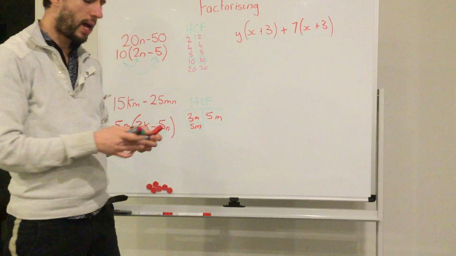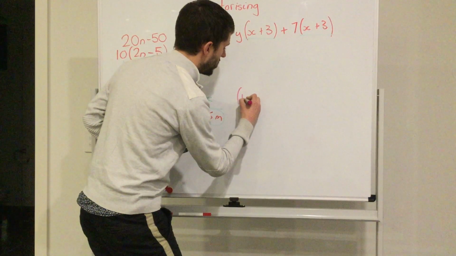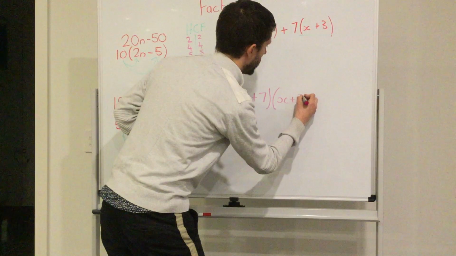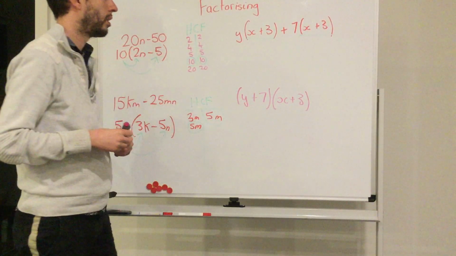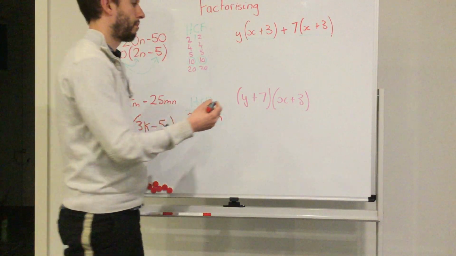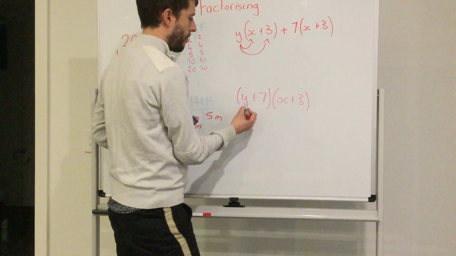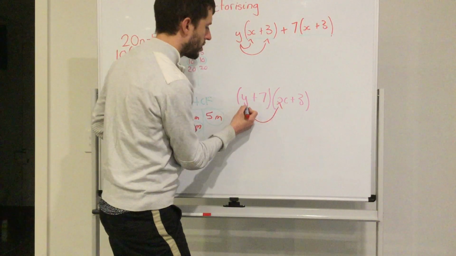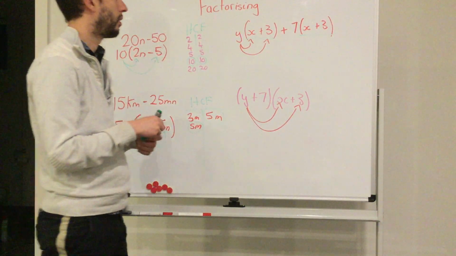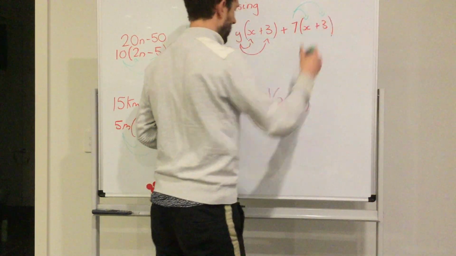So the way I look at this is, I'm going to write it down here, that means y and 7 have to times with x plus 3. If we think about writing it like this, the y is timesing by x and it's timesing by 3.